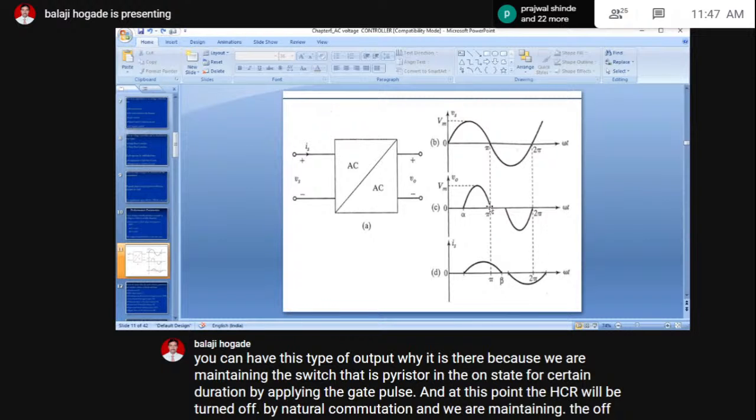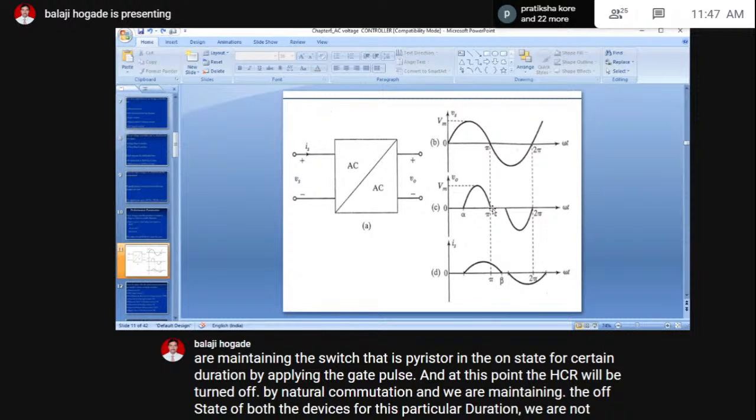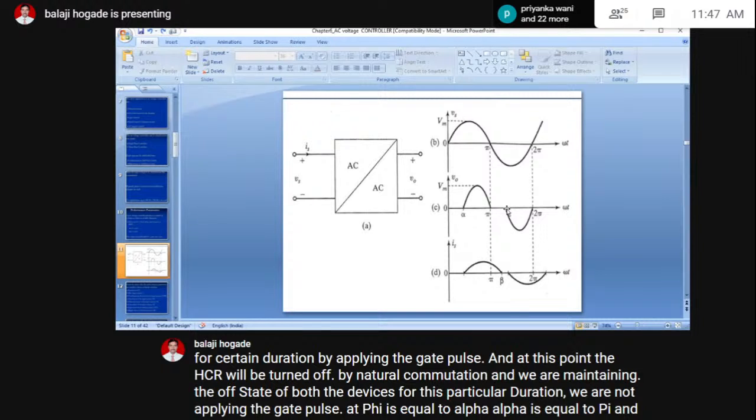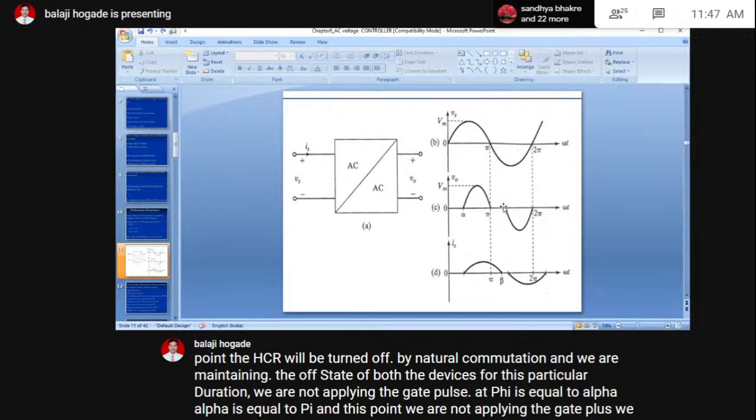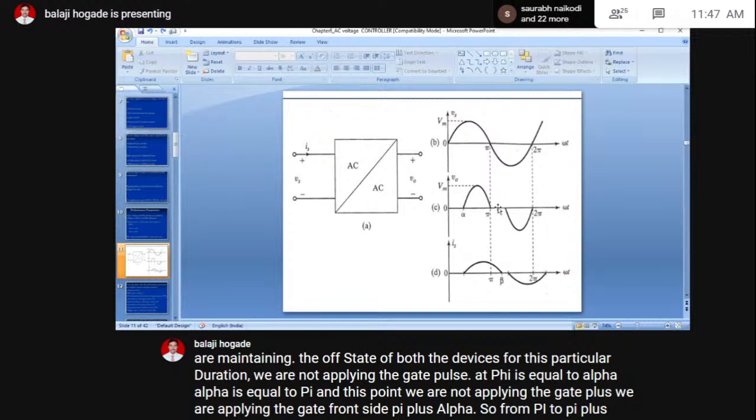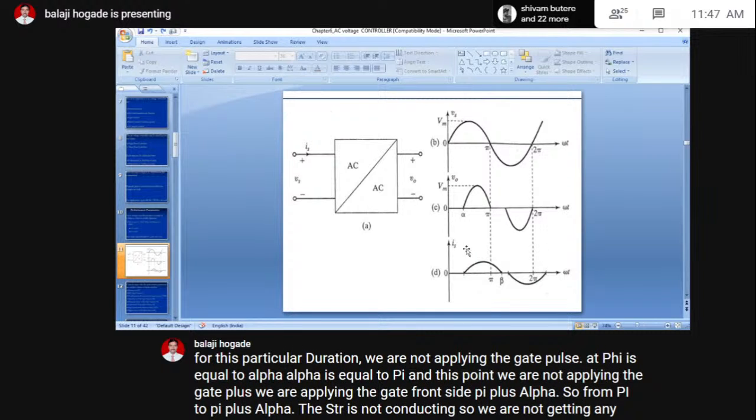We are not applying the gate pulse at pi. At this point, we are not applying the gate pulse. We are applying the gate pulse at pi plus alpha. So from pi to pi plus alpha, the SCR is not conducting, so we are not getting any load voltage. This is the output voltage and this is output current.